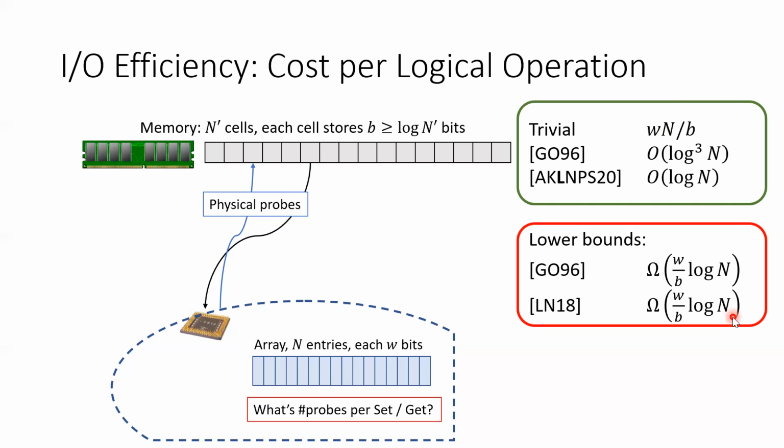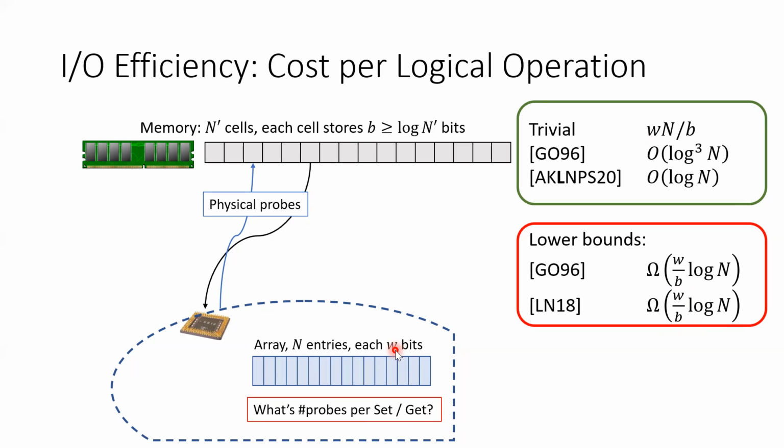But in all this lower bound, there is a W over B factor here. Again, W is the entry size, and B is the memory cell size. And in many scenarios, B could be a disk page size that's megabytes, where W is sometimes just a 64-bit array entry.